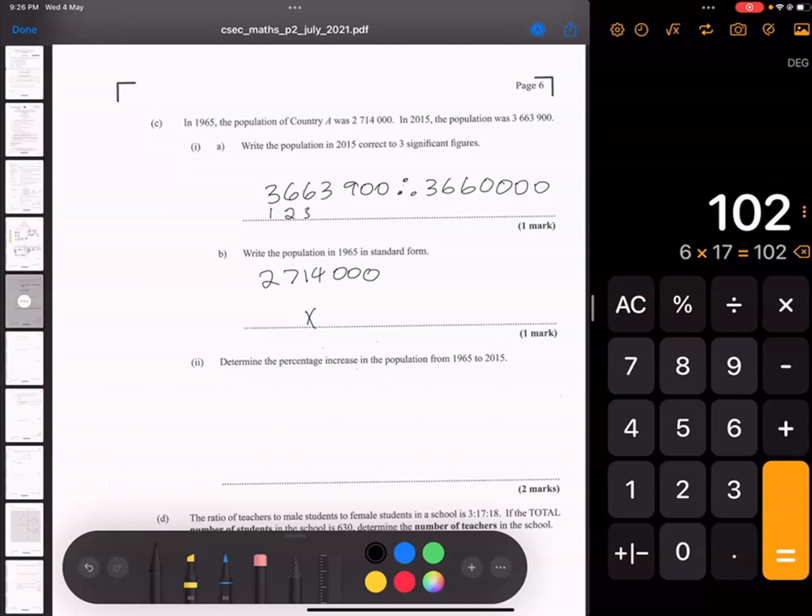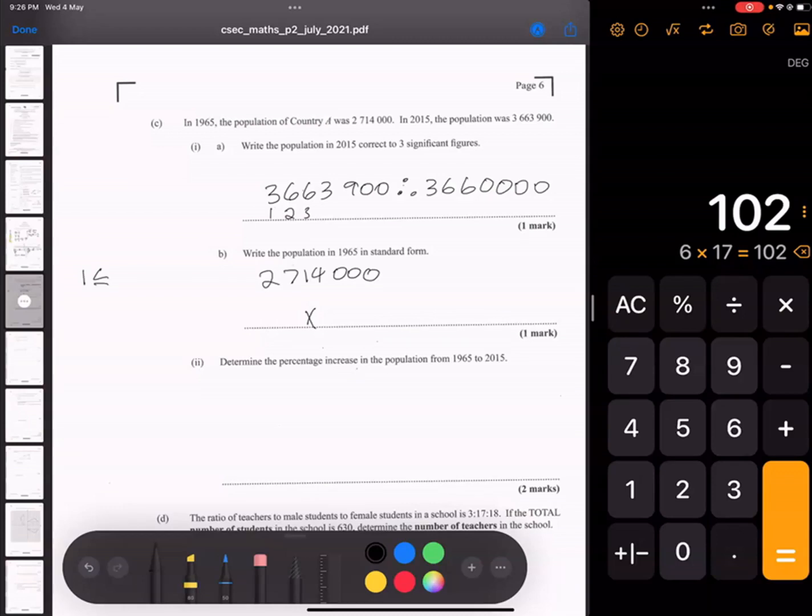So the parameters for how this decimal is going to be written is that this decimal has to be equal to 1 or more than 1, but it has to be less than 10.